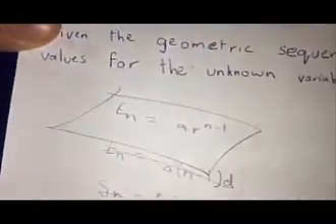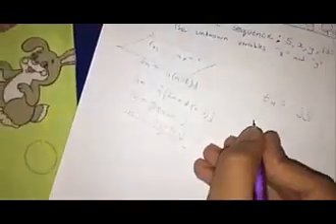And to find r, we're gonna start with T4, which is up here given, it's 135. And now we sub it into this equation.